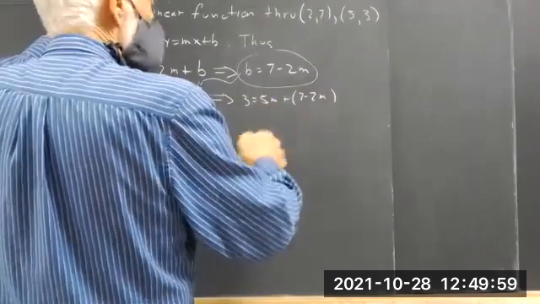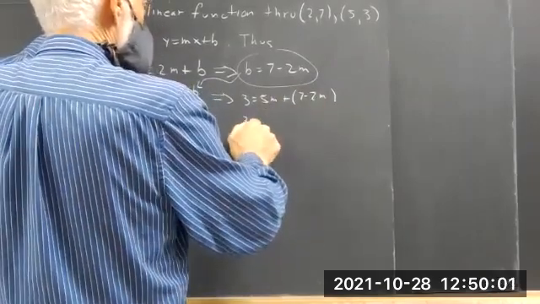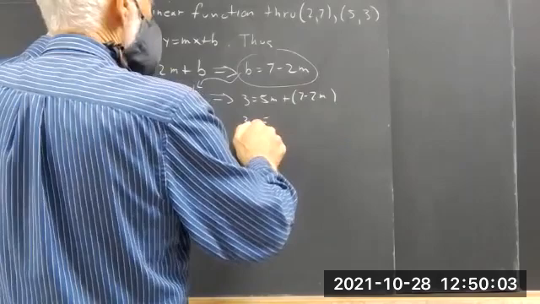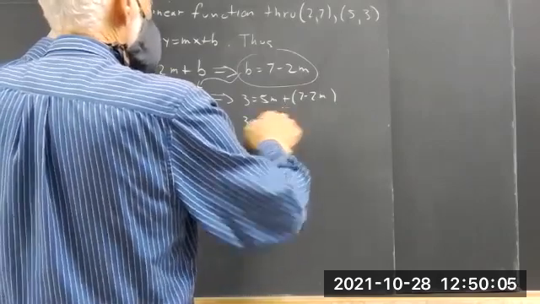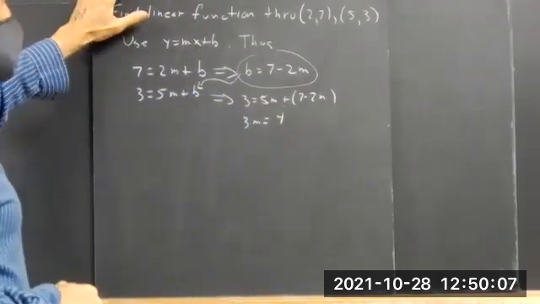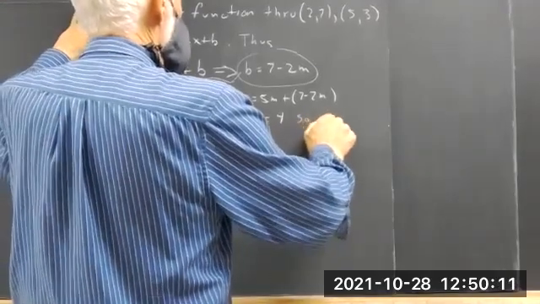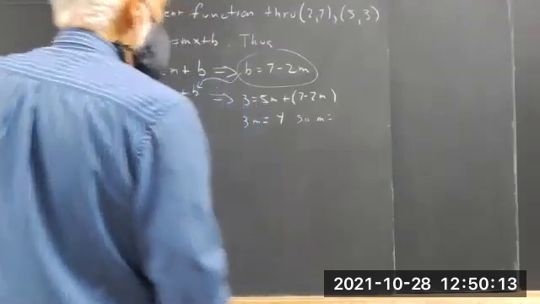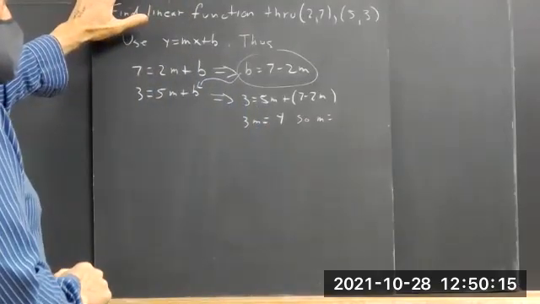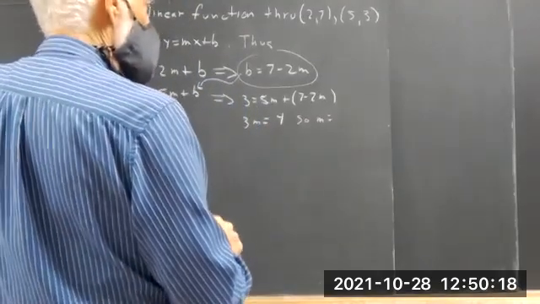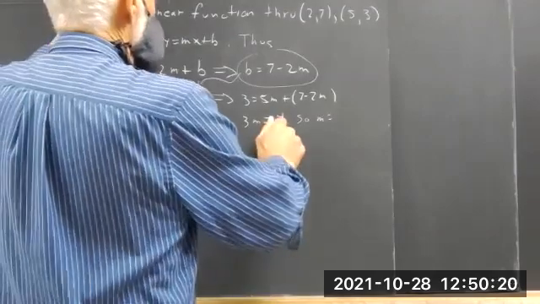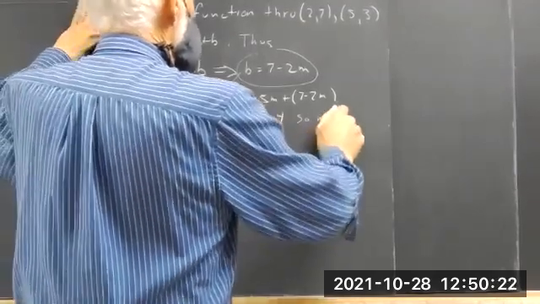And that rearranges, I'm not going to go through all the details, that gives you 3m equals... something's wrong with that. I'm sorry, this is -4. So m is -4/3.